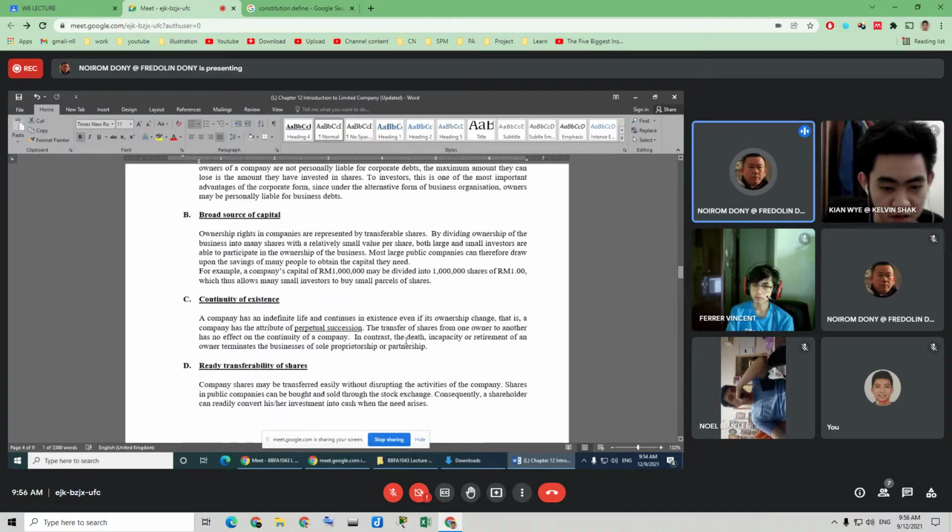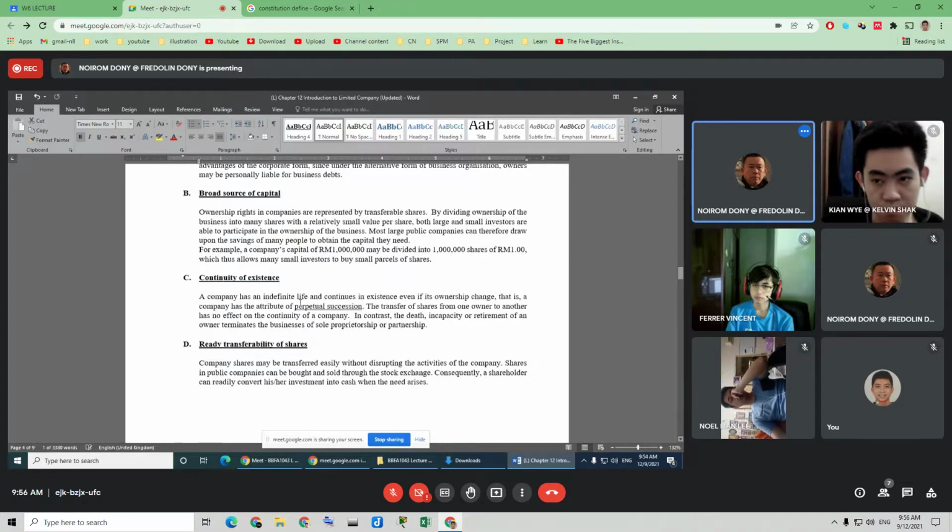So, in comparison with the other business ownership, that is sole proprietor and partnership, once you have death, incapacity or retirement, that business will dissolve, but not for a company. Continuity of existence. So that is one of the advantages.